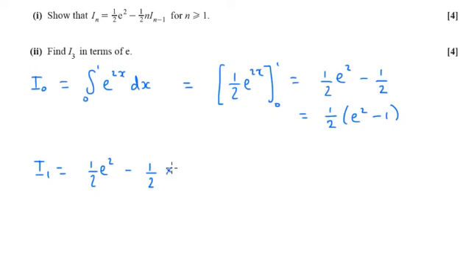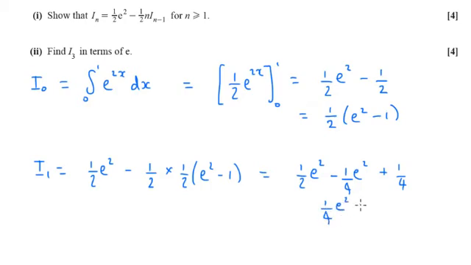So that's going to be a half times a half of e squared take 1, which is going to give us a half e squared take a quarter e squared plus a quarter, or a quarter e squared plus a quarter.